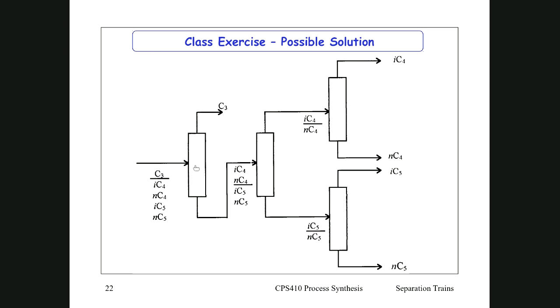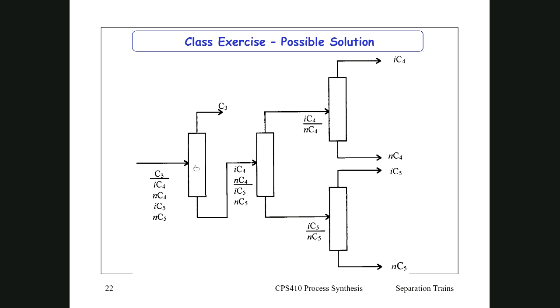So in the design of a distillation column there's always going to be a trade-off between capital cost and run cost. And in almost all cases it works out that the more you spend on the equipment, the more efficient you can make it, and therefore the less it costs to run.